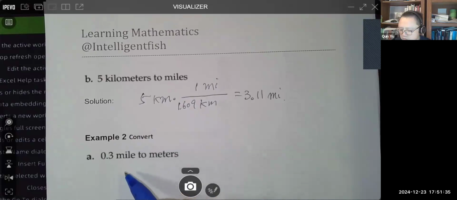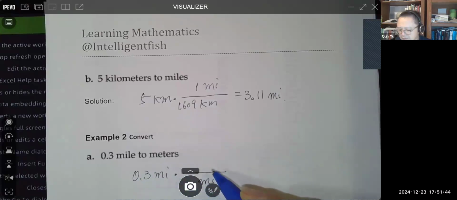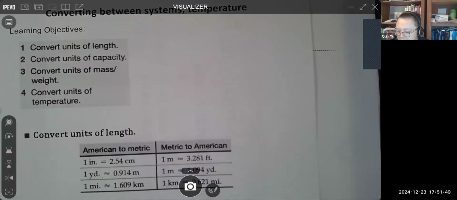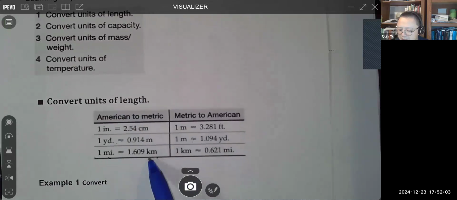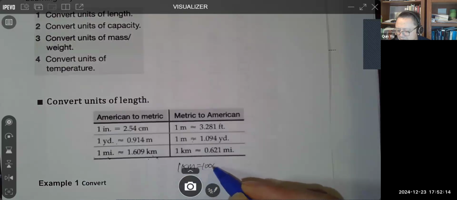Now, next one, we want to convert from miles to meters. Basically, they all have the same structure, it's just different numbers. We cancel mile, we need to get meter. Now let's see if we have a direct connection between mile and meter. We don't. This is the only place that we have mile, between mile and kilometer. So our strategy changes: from mile to kilometer, then from kilometer to meter, because we know from the metric system in the last video that 1 kilometer equals 1,000 meters.